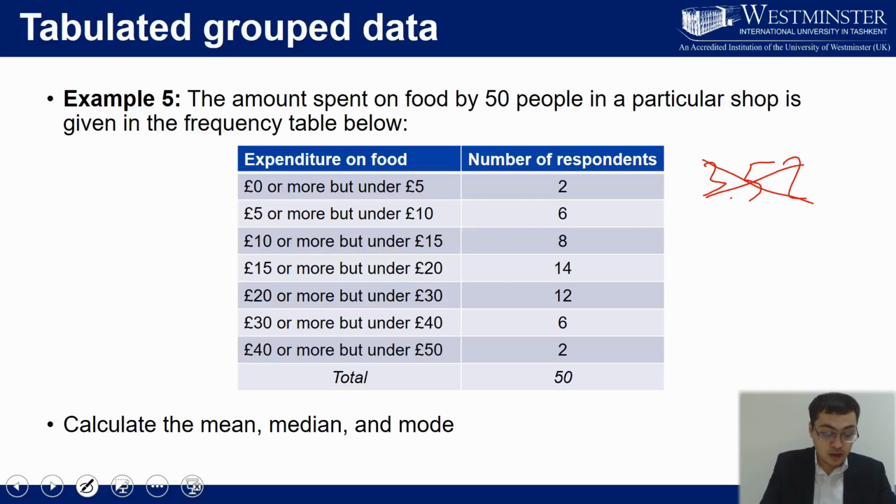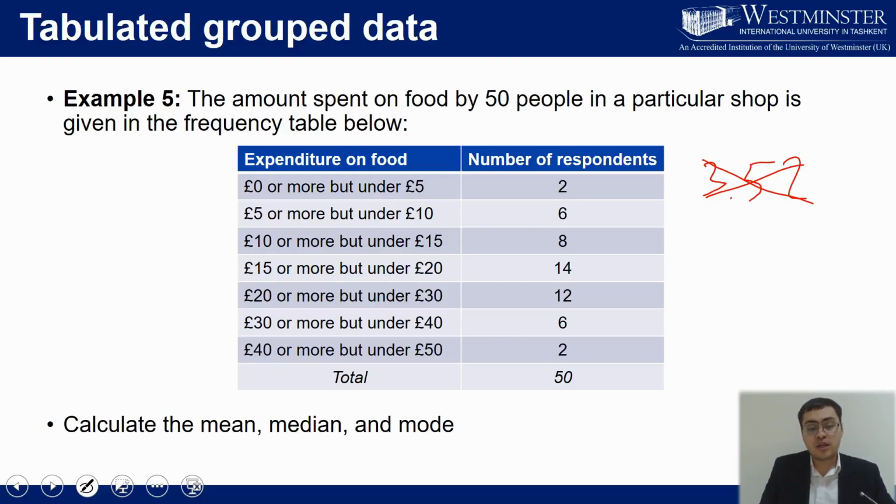So if I were to calculate the mean, median, and mode on a tabulated grouped data structure, I'm going to have to make some assumptions, because my observation here is not a single number, it's a range of numbers, and I cannot multiply a range of numbers by the frequency. It doesn't make much sense.